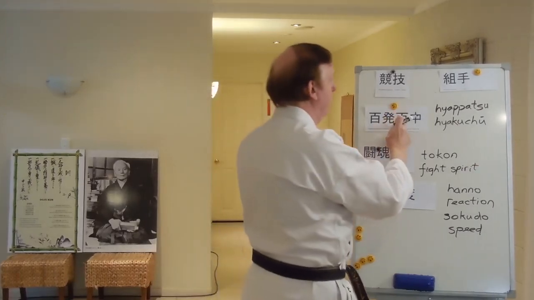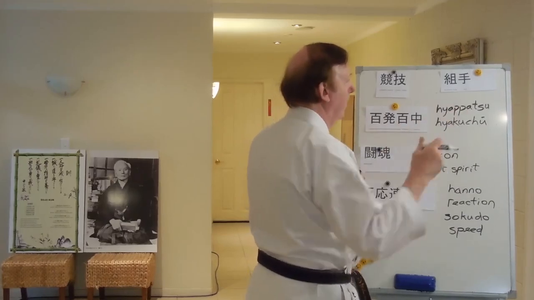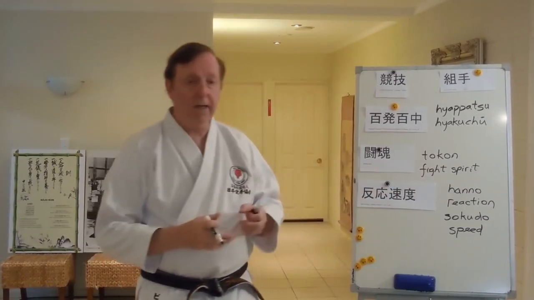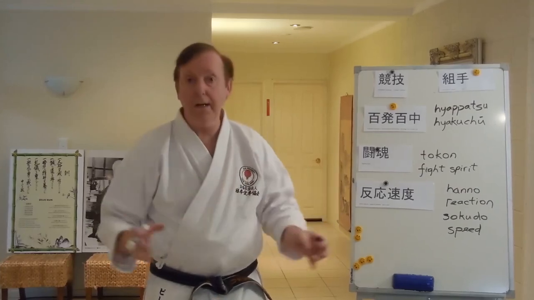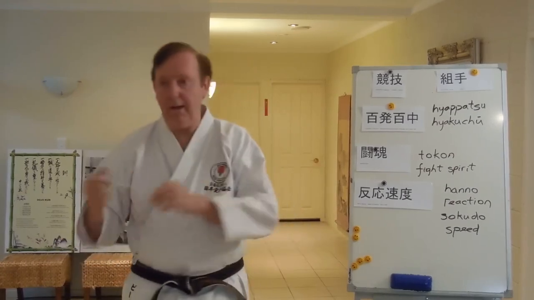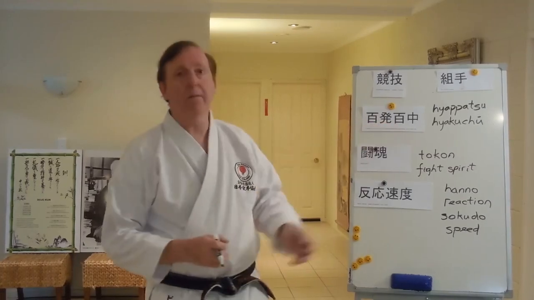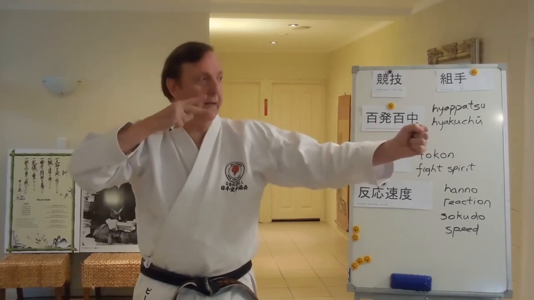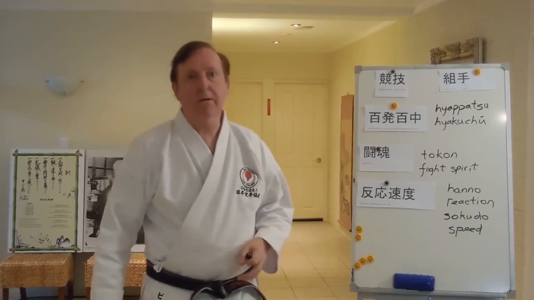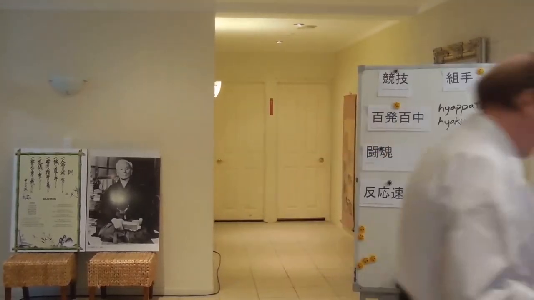And this kanji also means 100, and chu means the center. So when we say hyappatsu hyakuchu, it means that the person, when doing a defensive technique, especially if you do circle training, blocks and hits, and blocks and hits, and every single time he hits perfectly. This would be like hitting the bullseye if you had an archery contest. Ping 1, ping 2, 100 times in the bullseye. That's hyappatsu hyakuchu. Very Japanese term. Anyway, we'll talk about that one later.